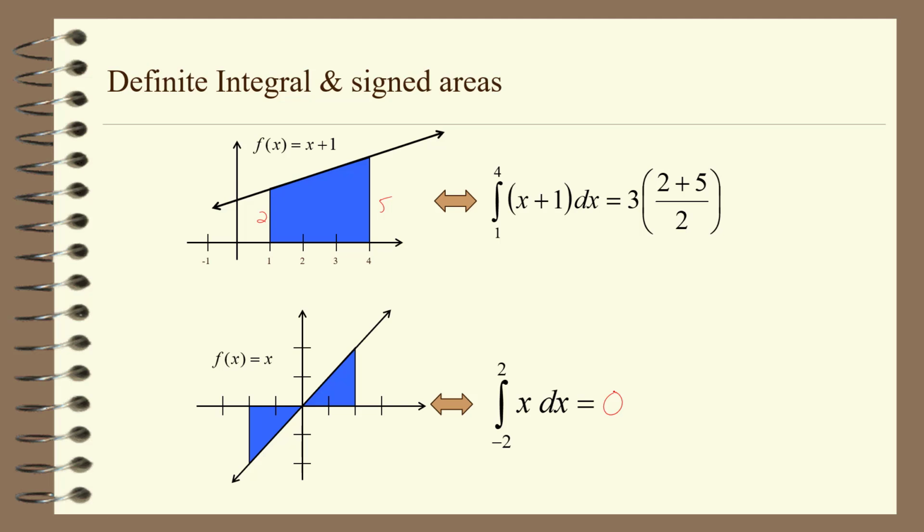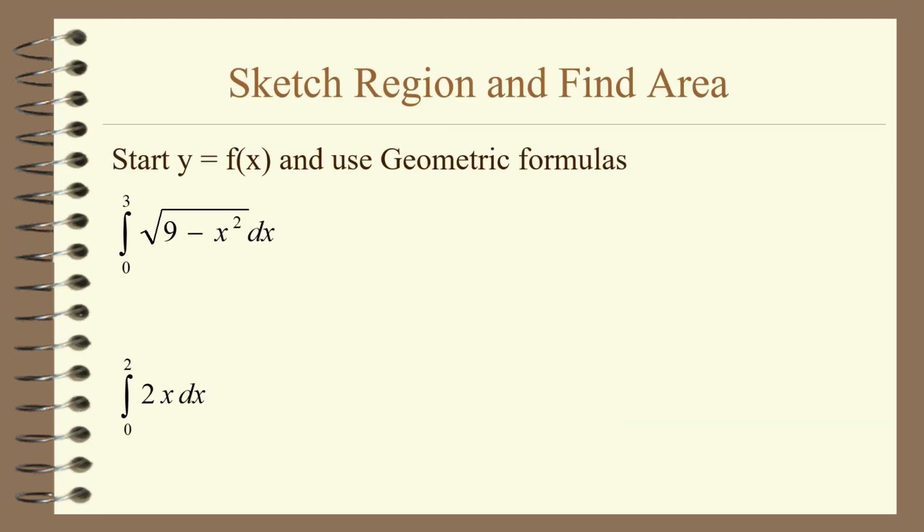Now we can use the fact that definite integrals sometimes correspond to finding areas of certain regions to find the definite integral. So for example, if I wanted to find this definite integral, I would recognize that if y was equal to the square root of 9 minus x squared, that corresponds to the graph of x squared plus y squared equals 9. It's just a circle, but it's only a portion of it.